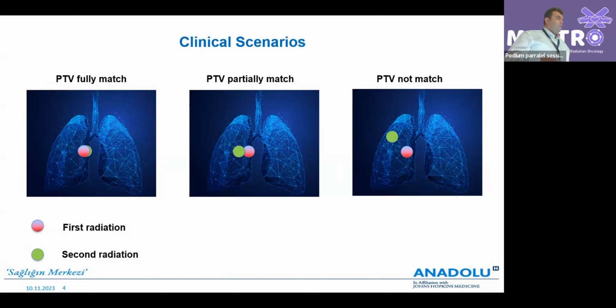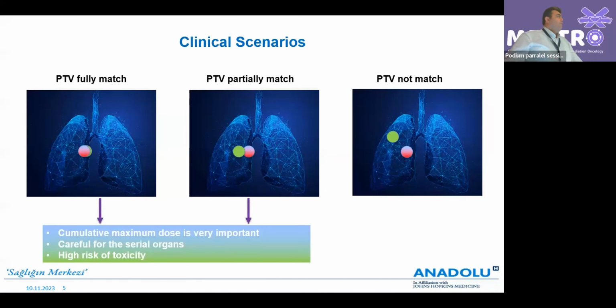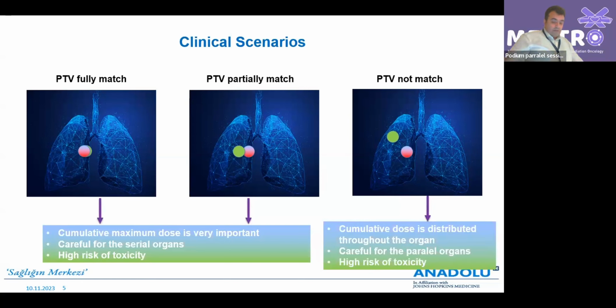These scenarios are very important. The reason is that in the first and second scenarios, the PTV is completely or partially matched, which means your maximum dose is very important, because we need to be very careful about the serial organs, and the doctors are always concerned about toxicities. In the third scenario, the cumulative dose is very important.